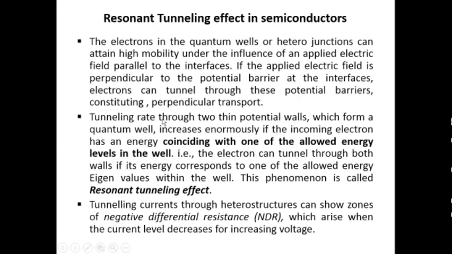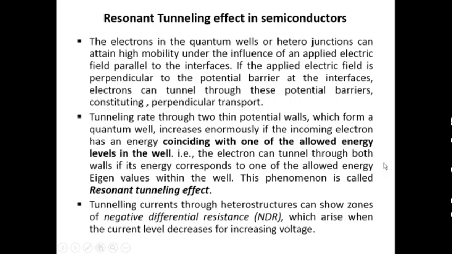The tunneling rate through two thin potential walls, which form a quantum well, increases enormously if the incoming electron has an energy coinciding with one of the allowed energy levels in the well. That is, electrons can tunnel through both walls if their energy corresponds to one of the allowed energy eigenvalues within the well.